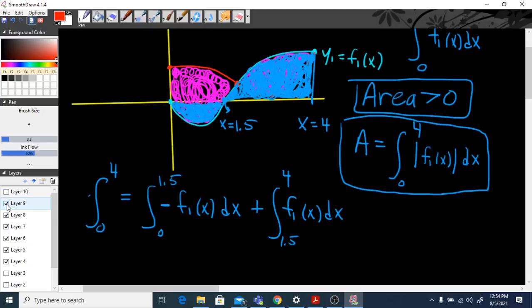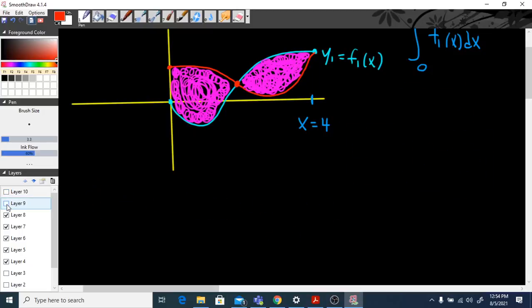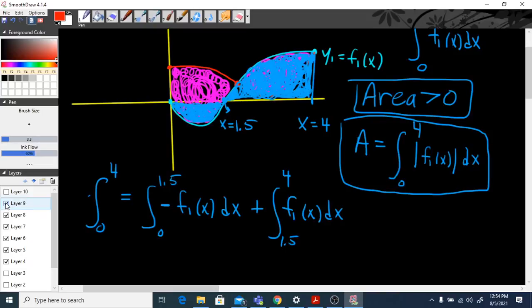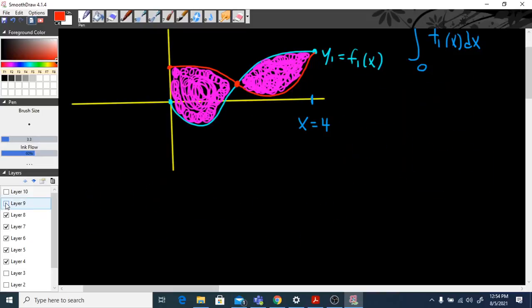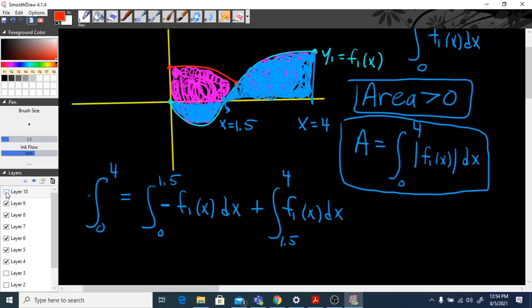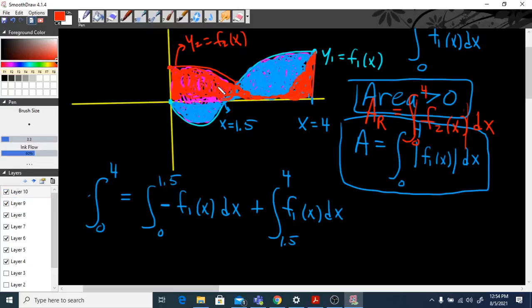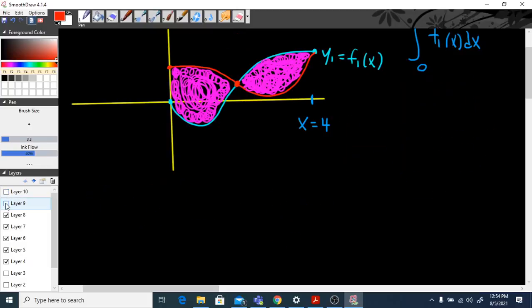For example, if I look just from here to here, and I find the blue area, which is that one, and then subtract the red from it. So imagine we subtract that red out. If we subtract that red out, then all we're going to have left is the purple.